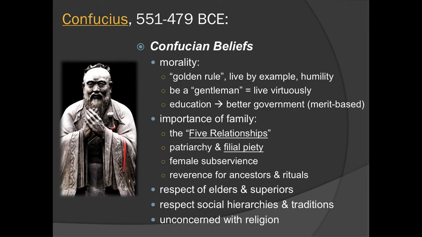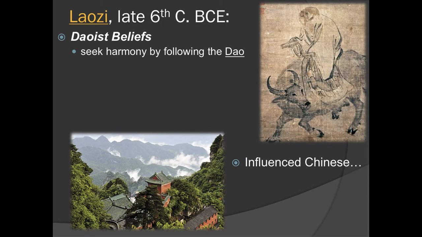All right, so let's get to this next guy, the antithesis to Confucius, and that's Lao Tzu. All right, living in the late 6th century BCE. There he is in his robe riding on the back of an ox. Lao Tzu, he completely disagreed with Confucius. Whereas Confucius is all about social relationships, following the rules, respecting and obeying authority, elders, Lao Tzu says, you're wasting your time on that, all right?